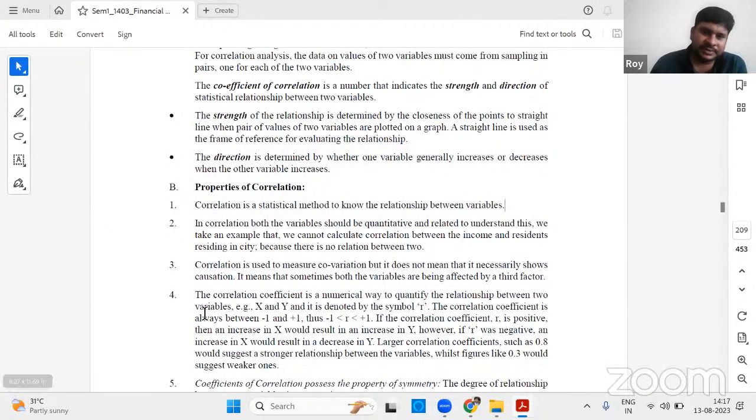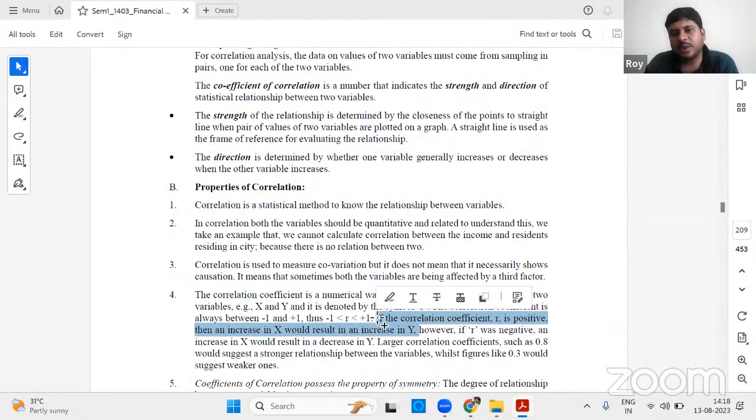Okay, and the correlation coefficient is a numerical way to quantify the relationship between two variables, x and y. It is denoted by the symbol r. The correlation coefficient is always between -1 and +1. If the correlation coefficient r is positive, an increase of x would result in an increase of y.